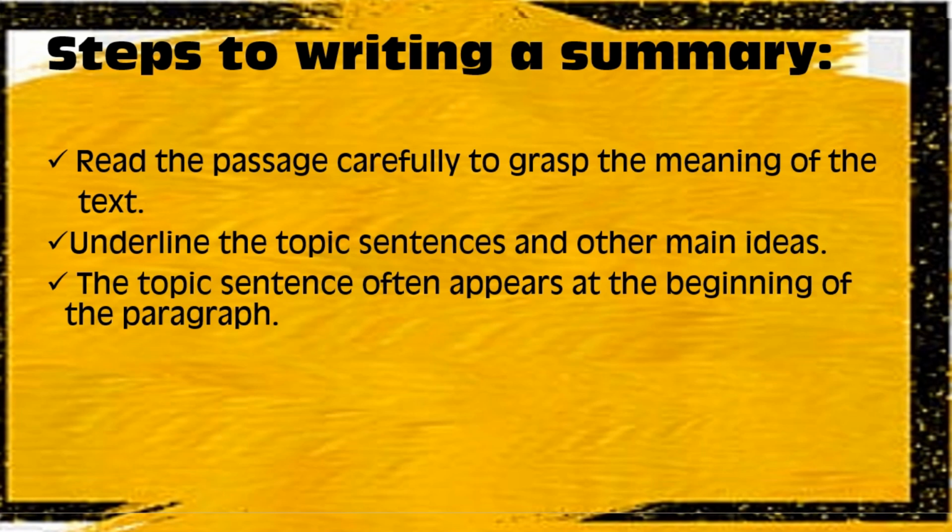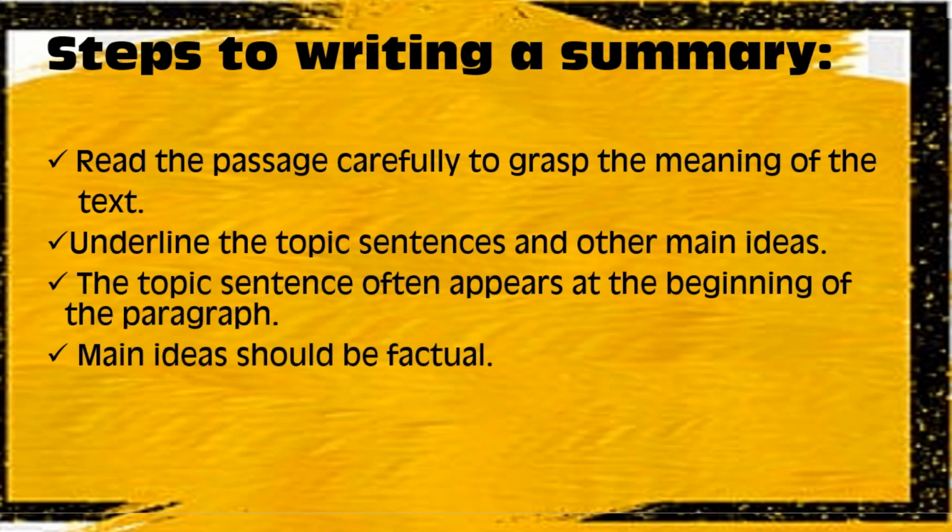So underline your topic sentence. It tells the main idea. The rest of the sentences in that paragraph are simply supporting details. So once you can identify your main idea or your topic sentence, then you have a good understanding of what the rest of the sentences are going to be about.